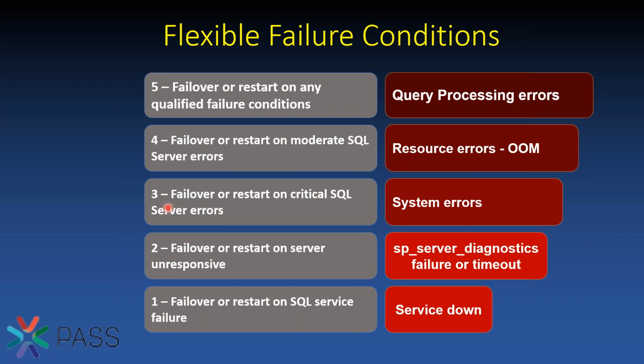At the first sign of a problem, I want to just fail over. I would rather fail over than limp along for an extended period of time with a bad condition. I might want to move that up to level 5, to be very sensitive and to fail over as quickly as possible.